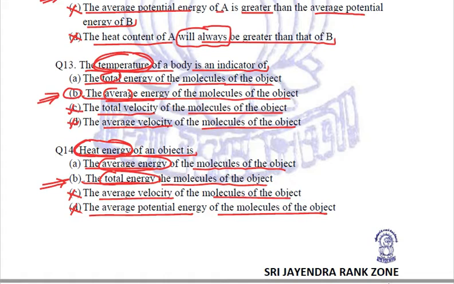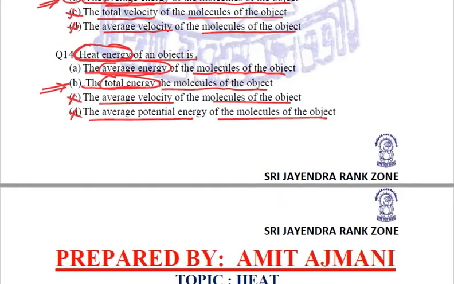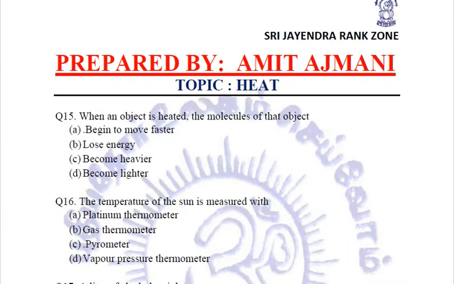So if we are talking about temperature, it is the average energy of the molecules of the object, and if we are talking about heat, it is the total energy of the molecules of the object. I hope you will remember these points. Got it? Let us see the next question.